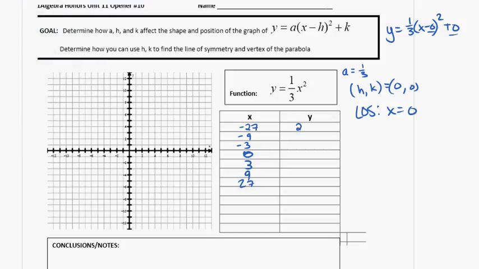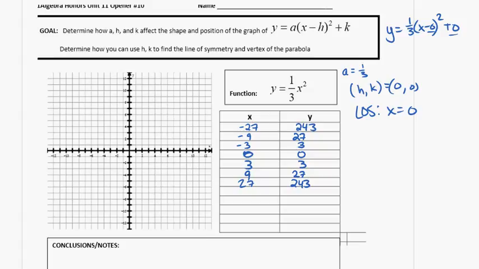This turns out to be 243, which is, again, a point I can't fit. -9 squared is 81, divided by 3 is 27. -3 squared is 9, divided by 3 is 3. 0, 0. 3, 27, and 243.